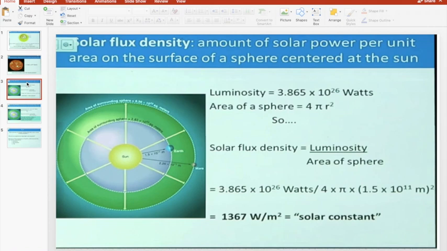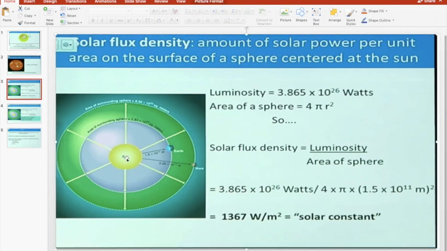Now this solar flux density depends upon the distance. It depends upon the area of a sphere. So distance affects the area of a sphere, and indirectly it depends upon the area. Suppose here we have the sun.